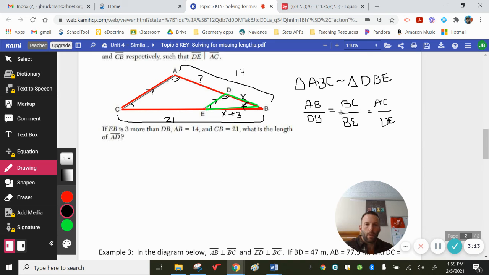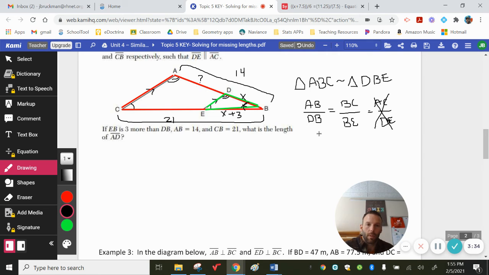So there's all three. Now, of those three ratios, there's one of them that I just don't need because I only need two of them to write my equation and solve. I don't need all three. And since I have the side AC and DE that I don't know and don't want to know, then that's the one I'm going to get rid of. Find the one that you don't know, you don't want to know, get rid of that one.